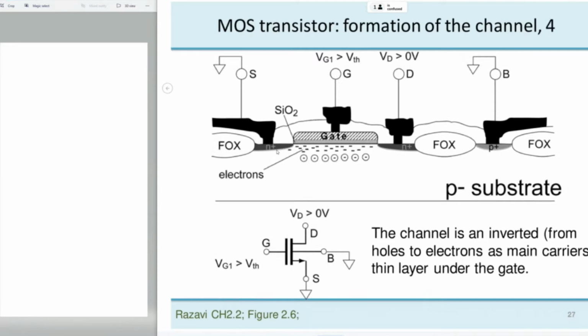Here, in this cross section, the channel is illustrated. These are the electrons. Below them there is still a depletion region, and this is the P substrate.